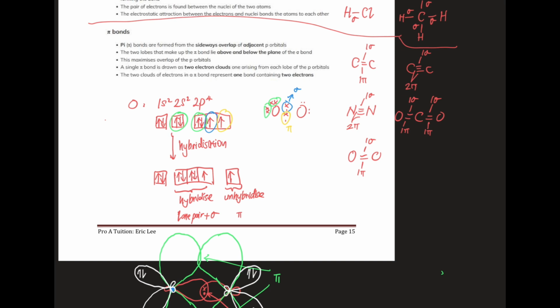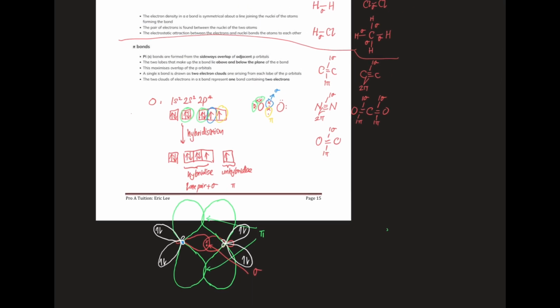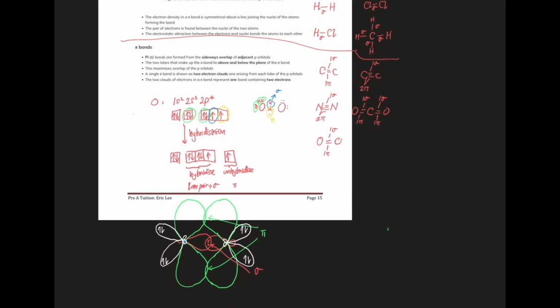Now, let's see the information and the picture at the same time. You see the information here. Pi bonds are formed from the sideways overlap of adjacent p orbitals.